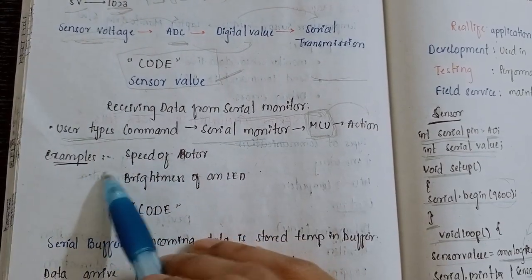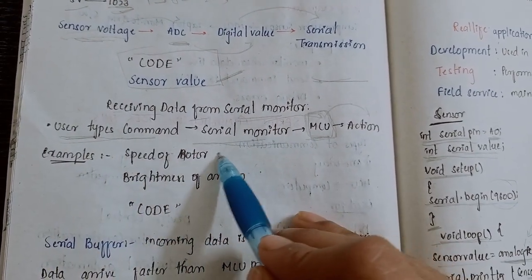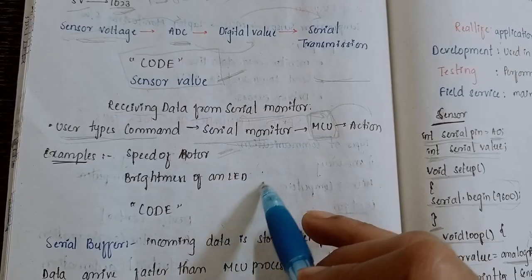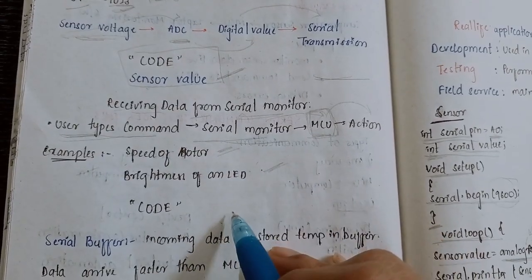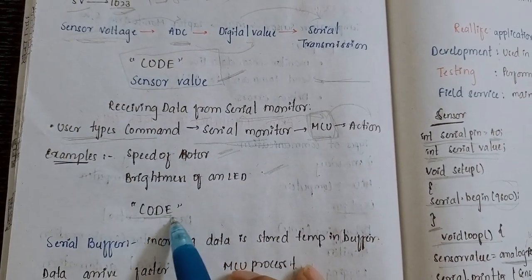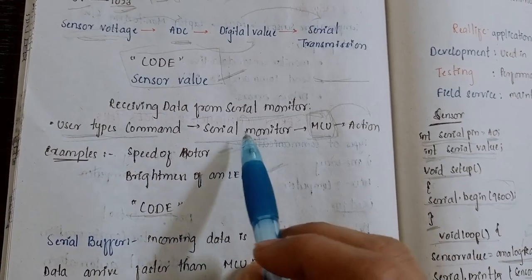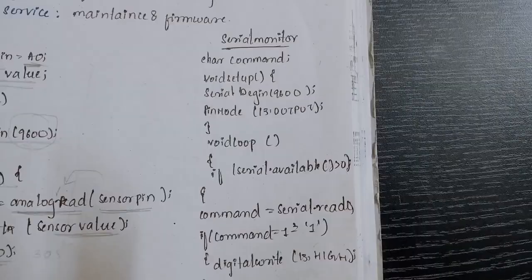So serial monitor examples would be, we can control the speed of a motor or the brightness of an LED. Let's see an Arduino code of the serial monitor.